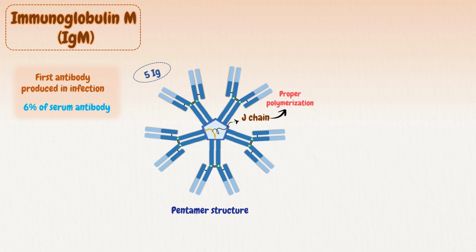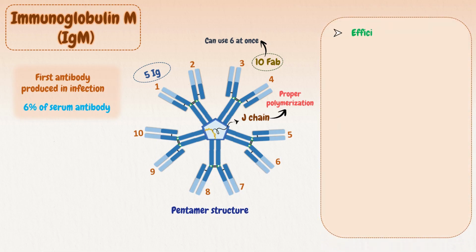So this pentameric structure provides 10 antigen binding sites to one IgM molecule. Although steric hindrance is there, that practically allows it to use 6 antigen binding sites at once. This large number of antigen binding sites facilitates efficient activation of the immune system. IgM is extremely efficient at binding and agglutinating microorganisms early in the inflammatory response.